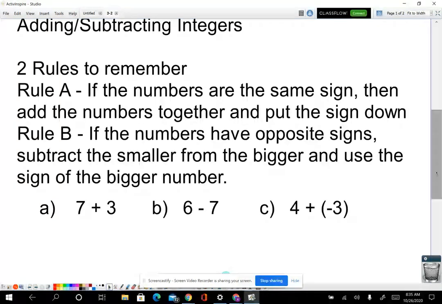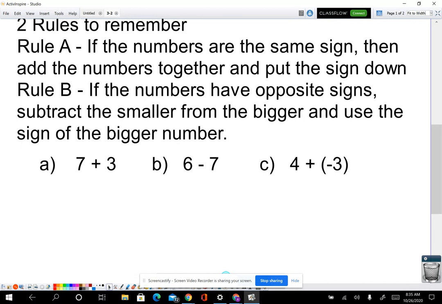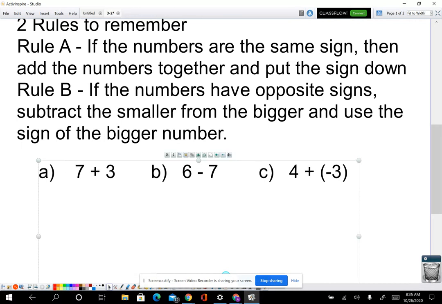So let's just look at these three examples here. This is a +7 and a +3, so therefore they're the same sign. We add them together, we get 10. Then 6 minus 7: they're opposite signs because this is considered a +6, and we're going to treat this subtraction as the sign with the 7. We're going to think of those two things not as an operation, but as a sign.